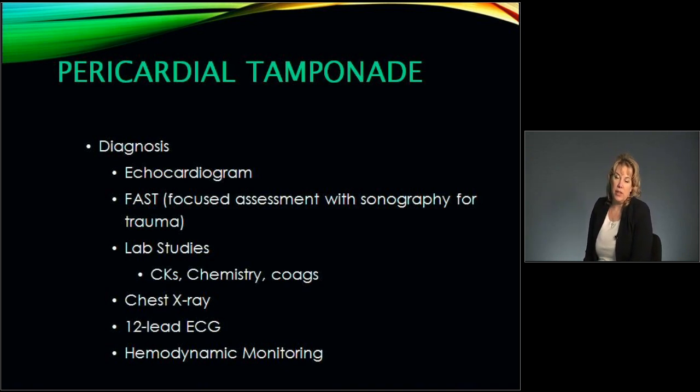Our labs, we will look at our CKs, our creatine phosphokinases, the chemistry, their coags, chest x-ray, and a 12-lead EKG to detect any ischemia or arrhythmias. Typically hemodynamic monitoring is required for these patients to make sure that we've reestablished those normal pressures within the thoracic cage and normal cardiac function.